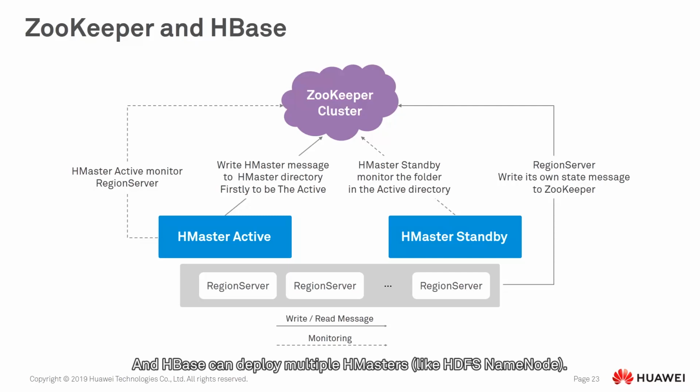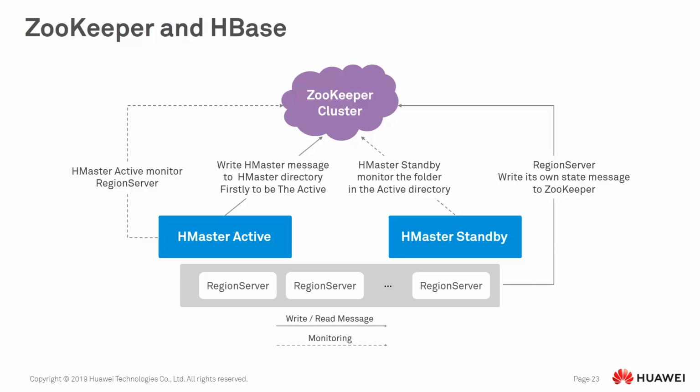HBase can deploy multiple HMasters, like the HDFS NameNode. When the active HMaster node is faulty, the standby HMaster node obtains the state information of the entire cluster using ZooKeeper, which means that HBase single points of failure can be avoided using ZooKeeper.